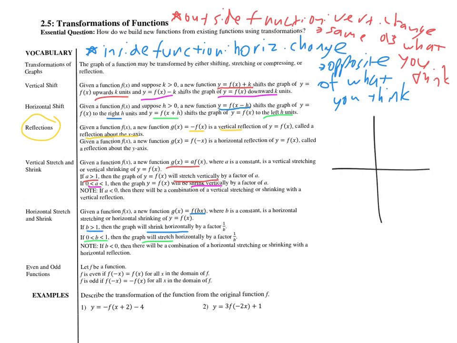I'll draw my little coordinate plane. If you have a point up here and you go across the x-axis, that moves it down there. That is an x-axis reflection with the negative f of x, okay? If the negative is on the inside, that's going to be a horizontal reflection, but they call that a reflection about the y-axis. So if you had f of negative x, it would go over there.